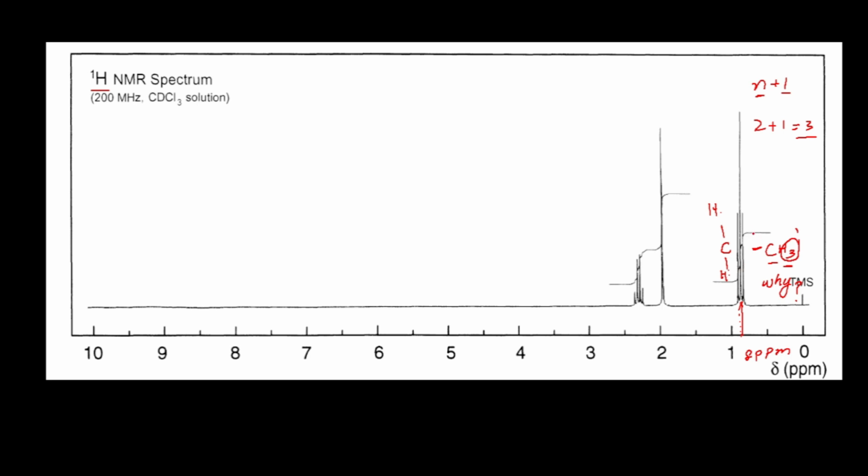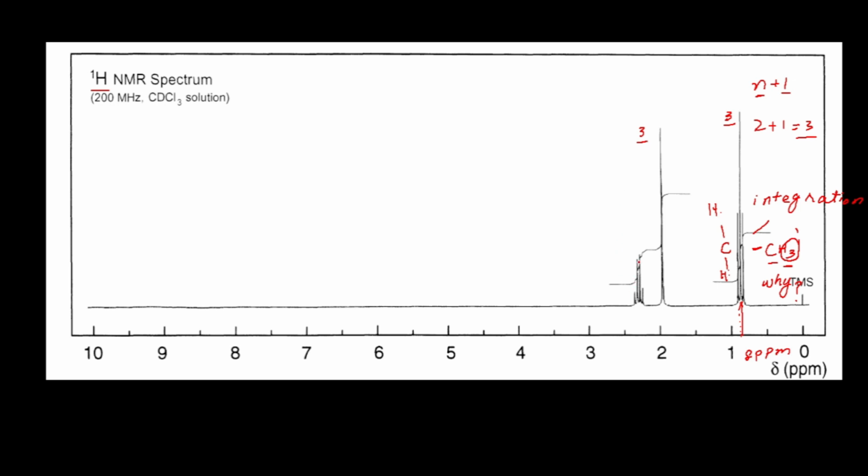We get this information from the integration scale. Here it gives us the information that 3 protons are present. And here, as you may see, this is also an integration scale, and it also gives the information that there are 3 protons present.